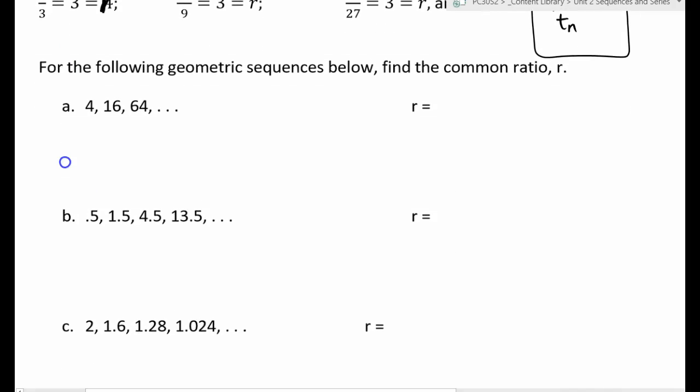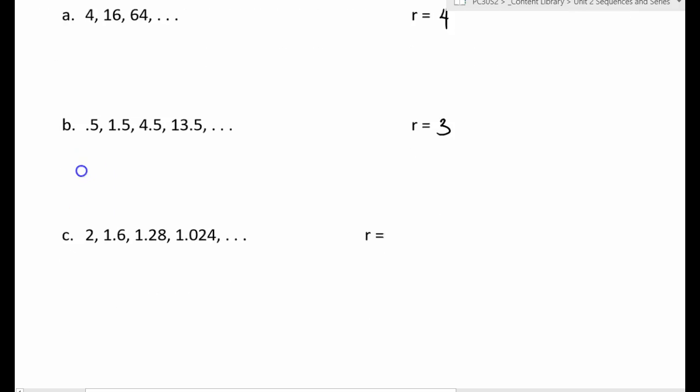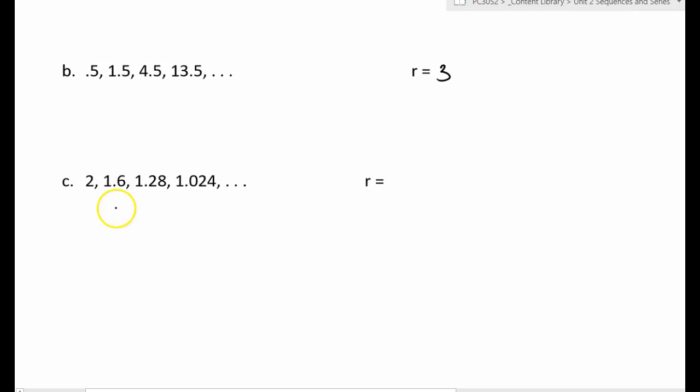So if we look at the following, 16 divided by 4 is 4. 1.5 divided by 0.5 is going to be 3. 1.6 divided by 2 is a little bit trickier. You could convert this by multiplying by 10 to get 16 over 20, an equivalent ratio.